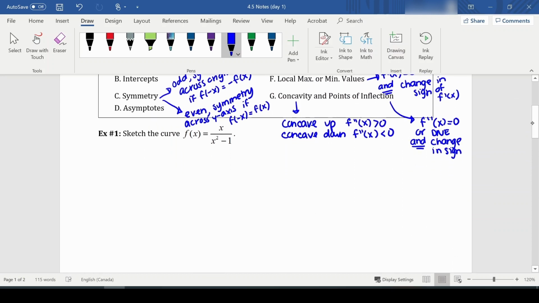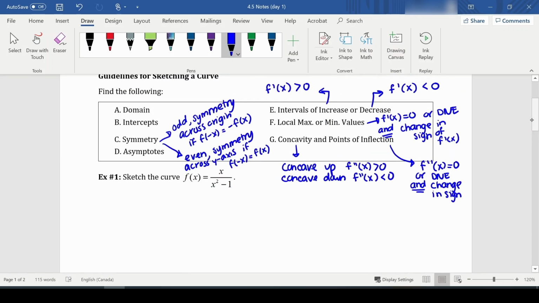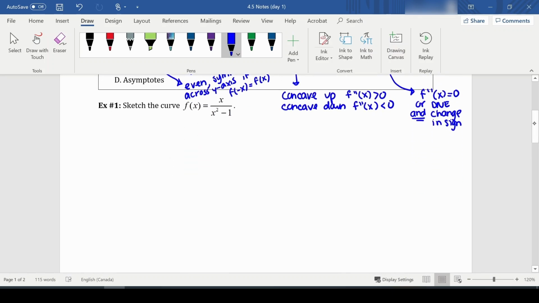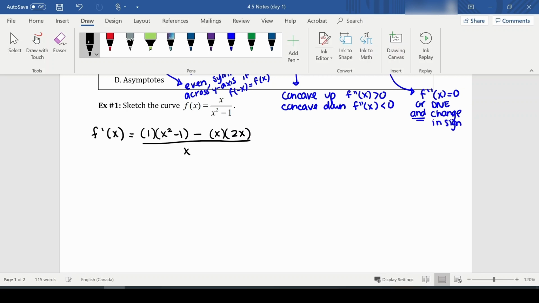So if we're going to want to sketch this curve, we're going to go through A through G. Now, in order to do all these things, we're going to need f prime and f double prime at some point. So I'm going to start by finding those so that I have them ready to use. So f prime for this, we need quotient law. So the derivative of the top is 1 times the bottom minus the top, which is x, times the derivative of the bottom, which is 2x, all over the bottom squared.